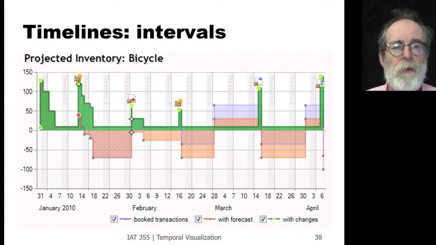This is another timeline. In this case, the interval concept is being used to depict inventory currently and in the future. So here in this bicycle inventory application, you're using a timeline to depict how much inventory is present at a particular location.